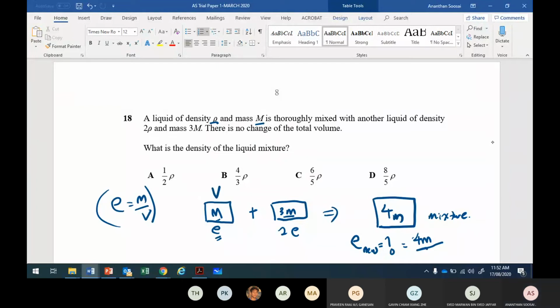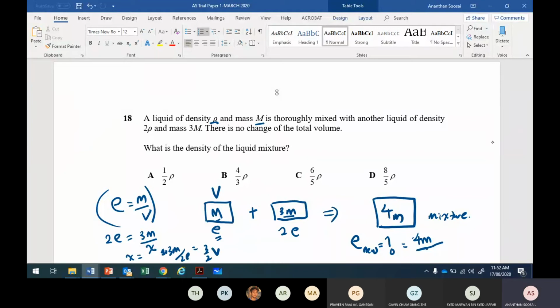Now, for 2 rho, equal to mass 3m over how many v? x equals how much? 3m over 2 rho. So 3m over 2 rho is 3 over 2 v.